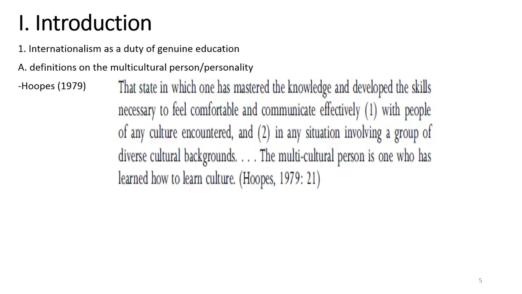That's when you know that you are a multicultural person. And Hoops goes on to say that the multicultural person is one who has learned how to learn culture. So we have to, if we're going to be a genuine student of knowledge and learning, get involved in this process of learning about other cultures.